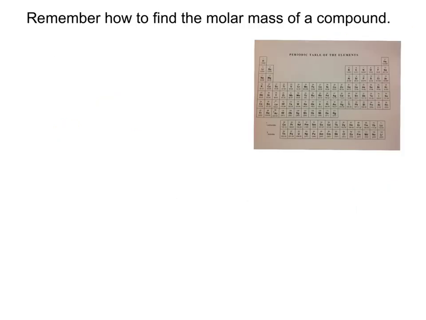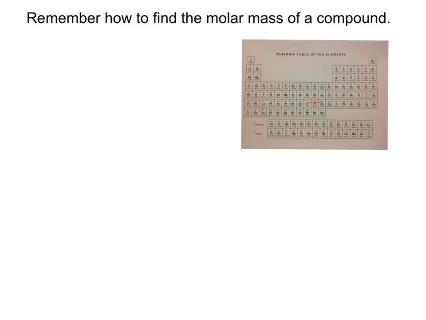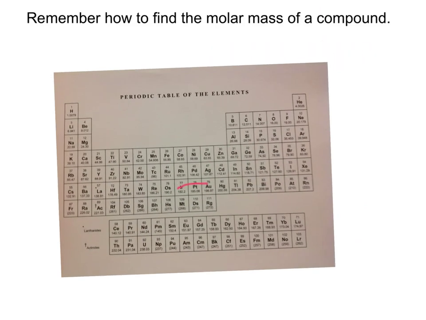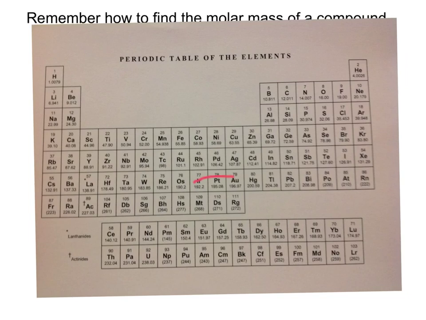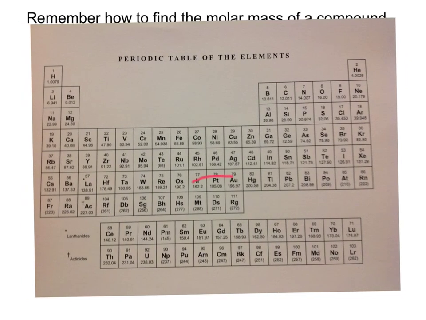Now, let's make sure we know how to actually find the molar mass of a compound. When we're looking at this, we need to understand that all of these numbers underneath each one of these is the mass of 1 mole. So I have to look at my compound.